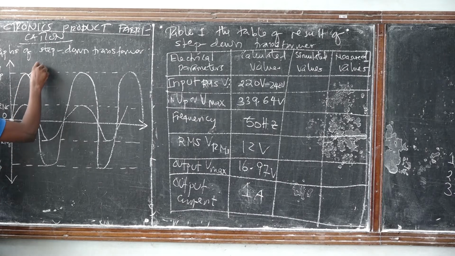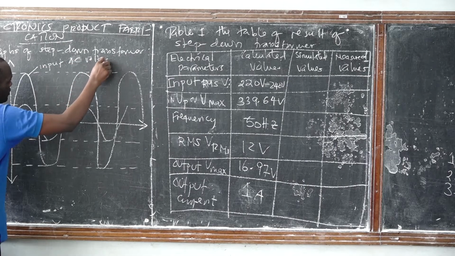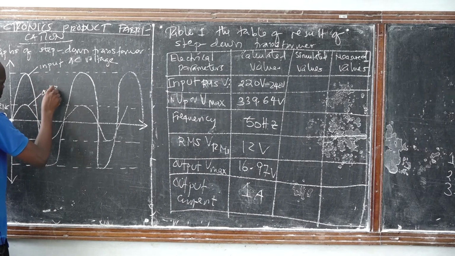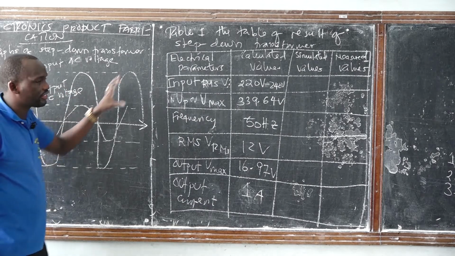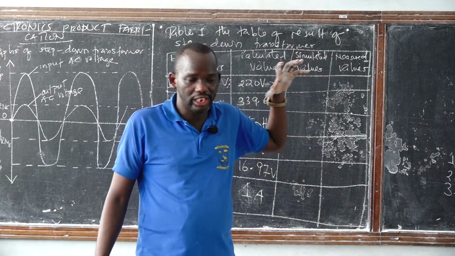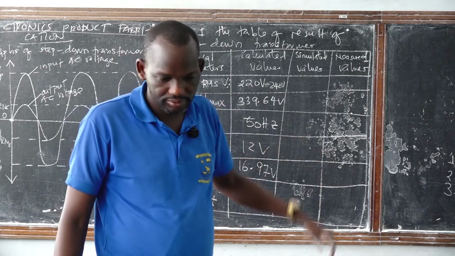So this is input AC voltage. And this is output AC voltage. So in engineering, we label tables on top of them. But we label diagrams and graphs at the bottom.